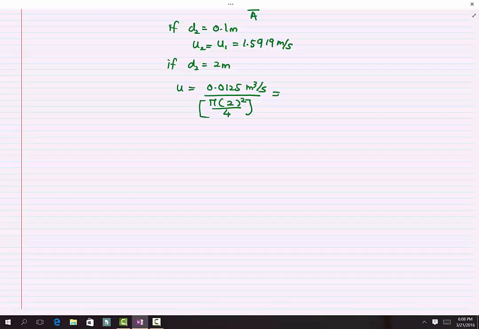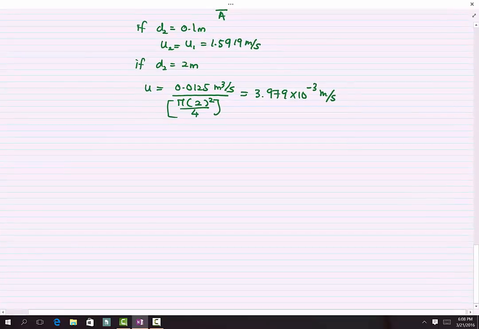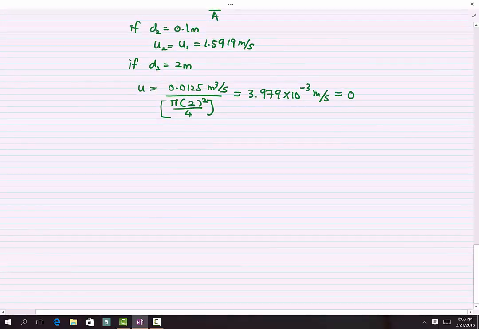So you will calculate the value, and you will get 3.979 times 10 to the power of minus 3 meter per second, or equal to 0.00397.